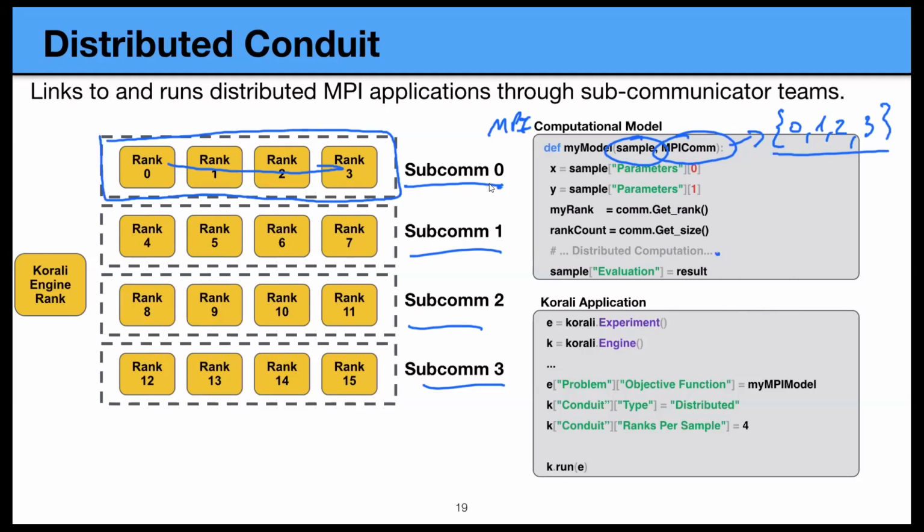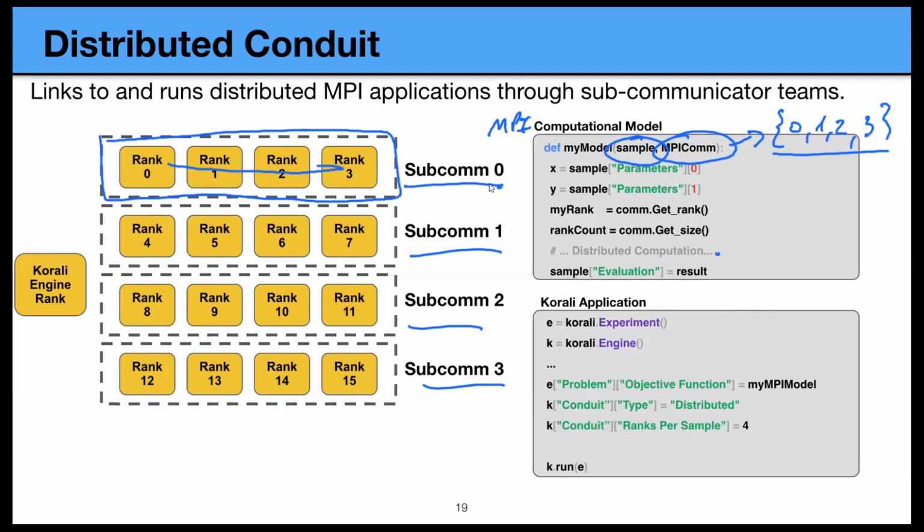So as you can see, there are 2 layers of parallelism here. The Monte Carlo process driven by Korali with 4 teams, 4 workers, so to speak. And each sample is evaluated by a team of your model. The second layer, which is the model parallelism with MPI.